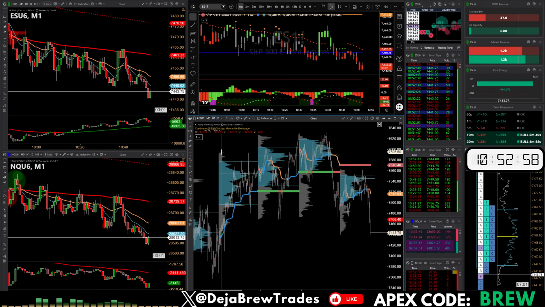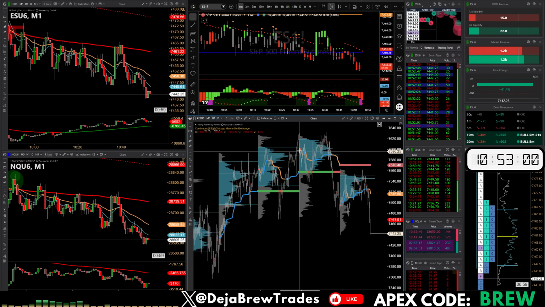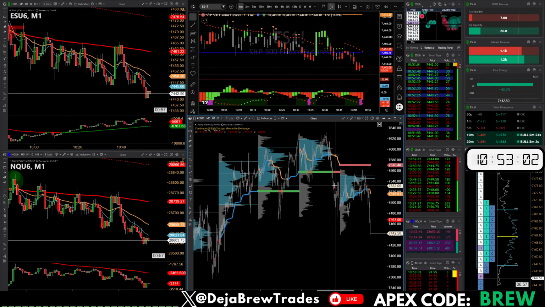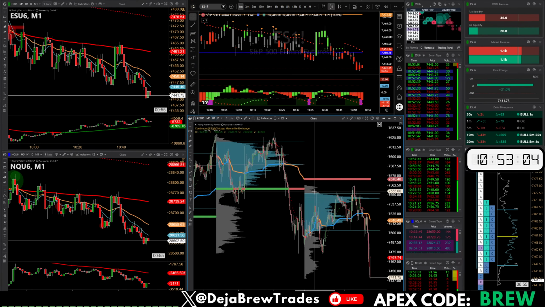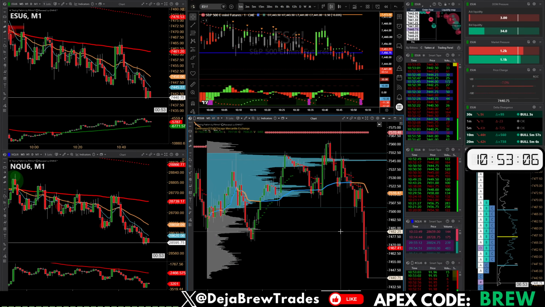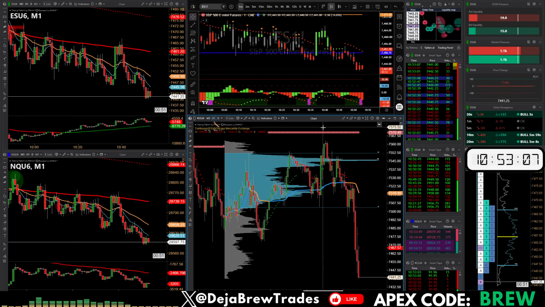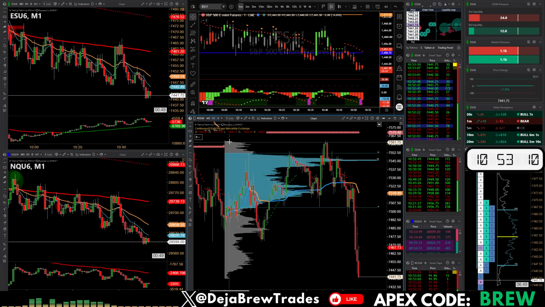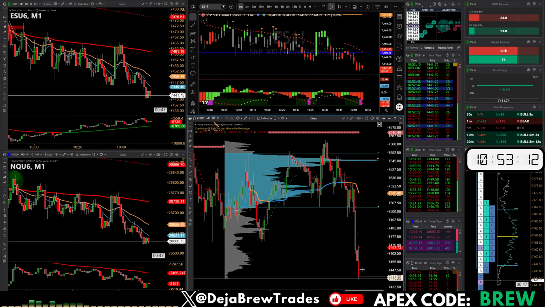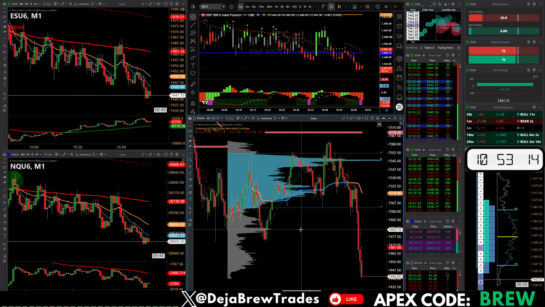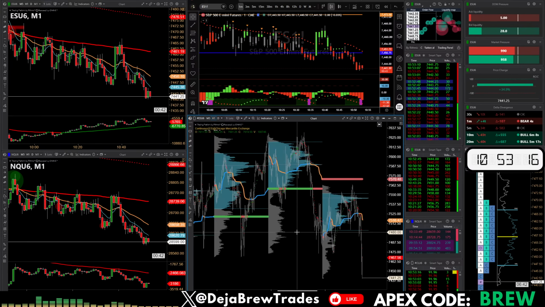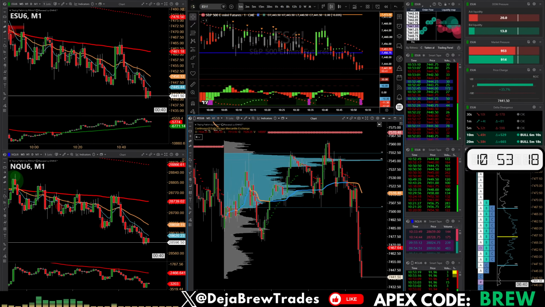You try to have a breakout node, it fails, breakout node fails, breakout node fails, right? Kind of the same thing here. Breakout node on the high, and then it fails. So pretty much a month straight we've been trying to find higher value, and it just doesn't want to do it.